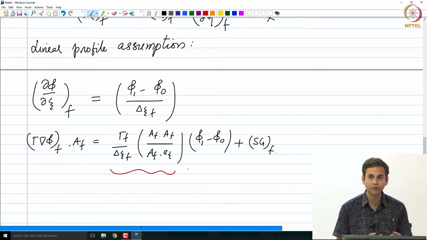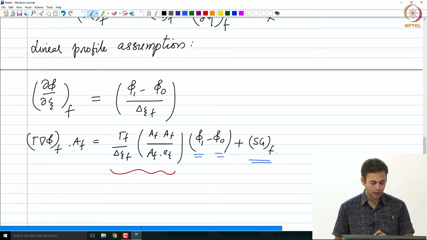Here the neighbor a and b would be this coefficient, and the same coefficient will also get added to a p, because you have phi 1 and phi 0, both of them having the same coefficient. So, the contribution from a and b will also go to a p, and also there will be one contribution to a and b also for phi and b. Of course, we are not talking anything about S g f as of now.